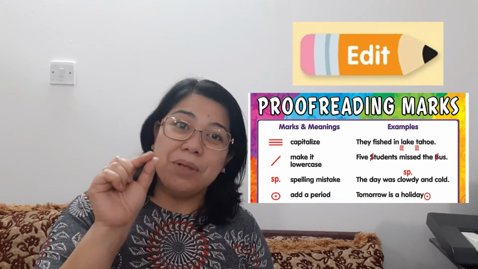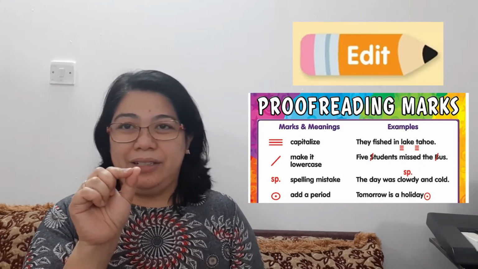Now, if you're editing on a computer or using other technology, you can make the changes directly on your piece of writing. Once again, if you're using a pen and paper, you can use proofreading marks. Proofreading marks are like symbols.